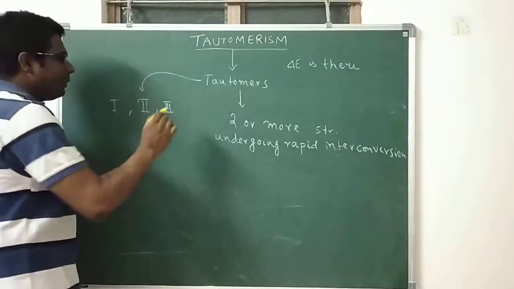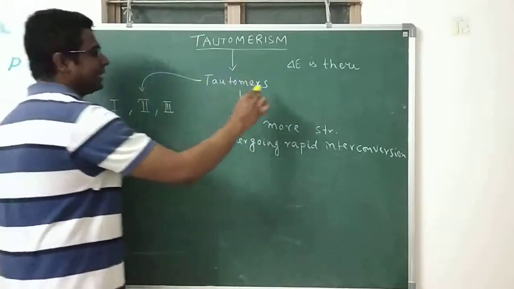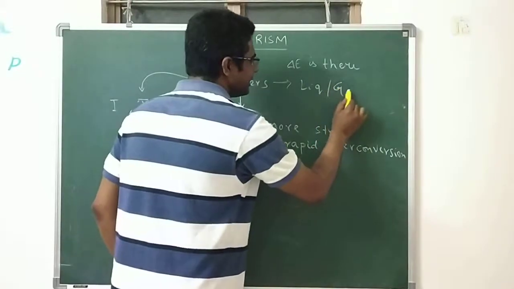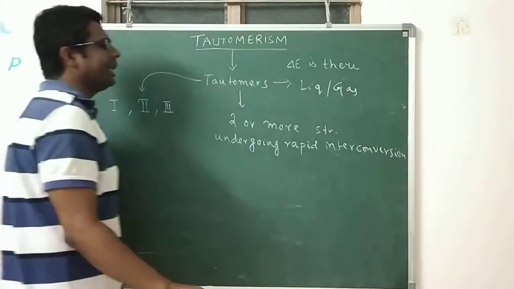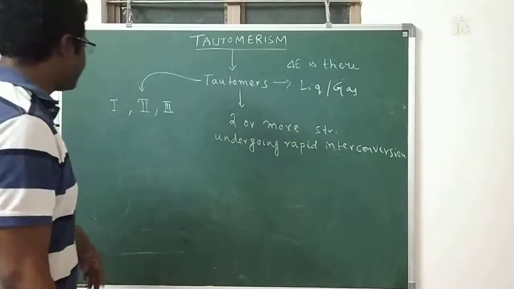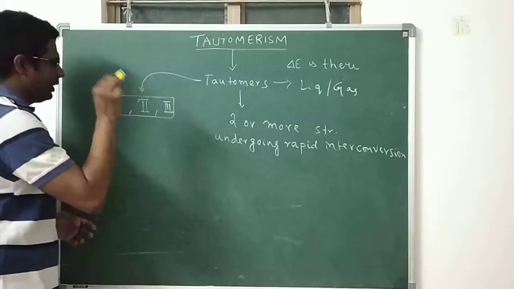So what will be the composition? First of all, I have to know what kind of state they are in. They are generally in liquid or gaseous state. Organic compounds are generally in liquid or gaseous state. Now suppose there are tautomers, and three structures are possible in a tautomer.